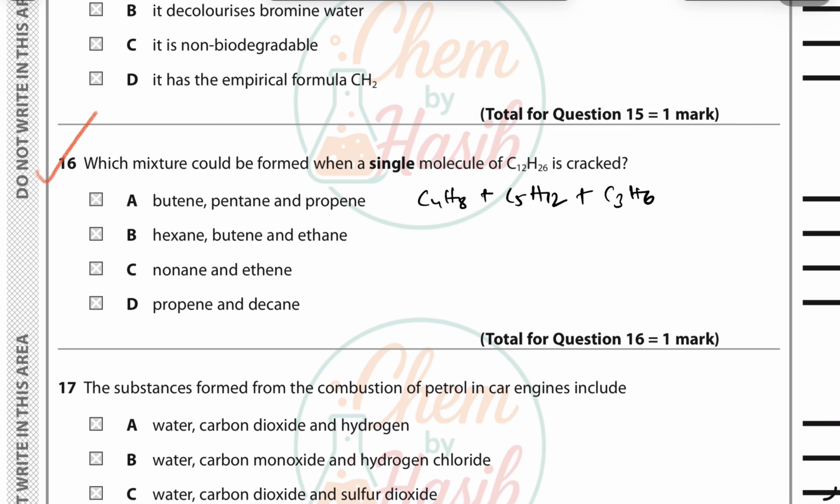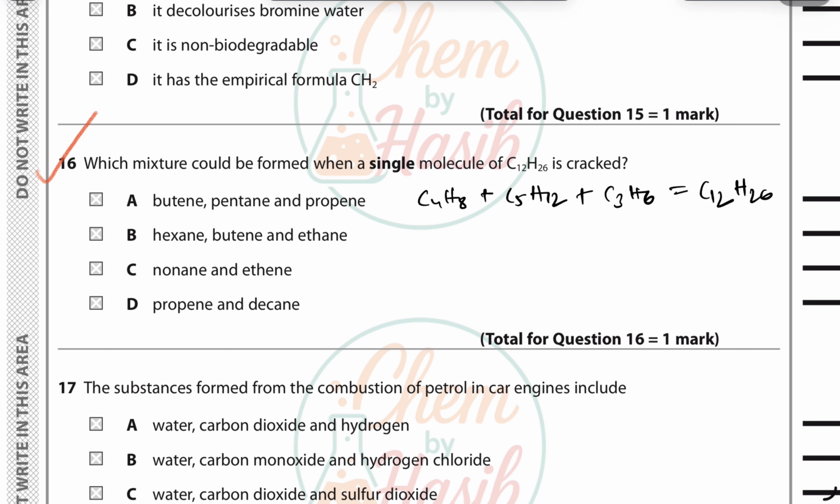Now if you add them, the total number of carbon atoms sums up to 12, and the total number of hydrogen atoms sums up to 26. So A is the answer.